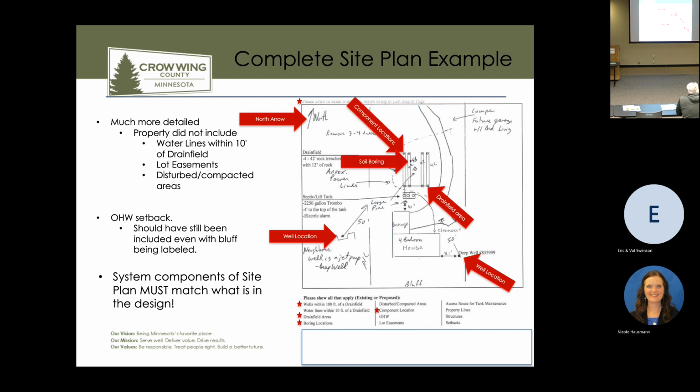Soil boring locations, component locations. OHW is addressed with the bluff being noted on there. It's not formally laid out, but in most situations when you're running into a bluff and you're meeting the setback there, the OHW setback is not going to be an issue. Bedroom, the location of the house, the setbacks there.